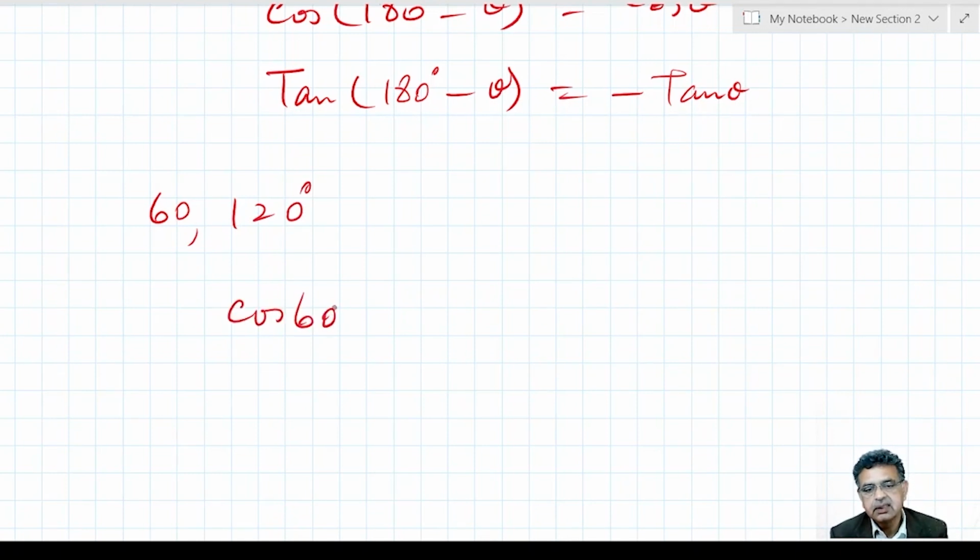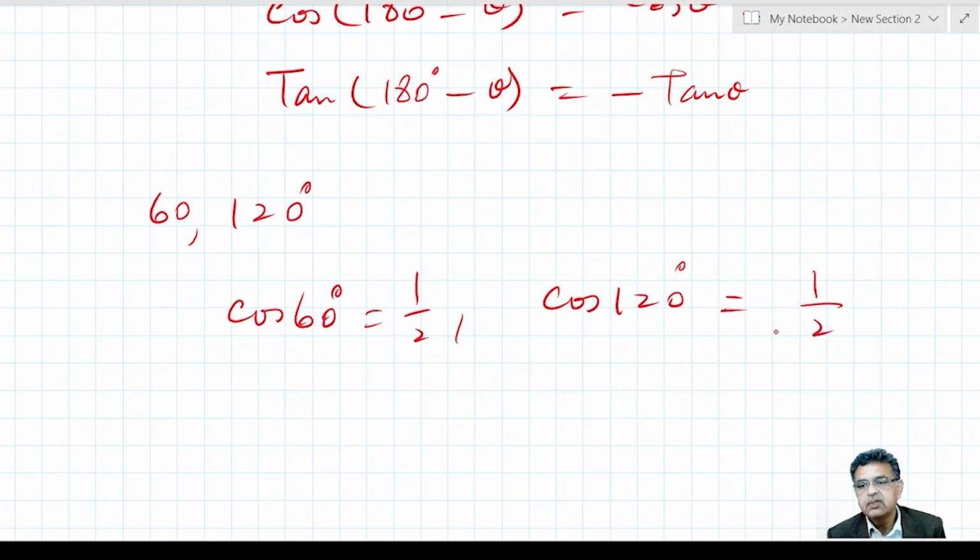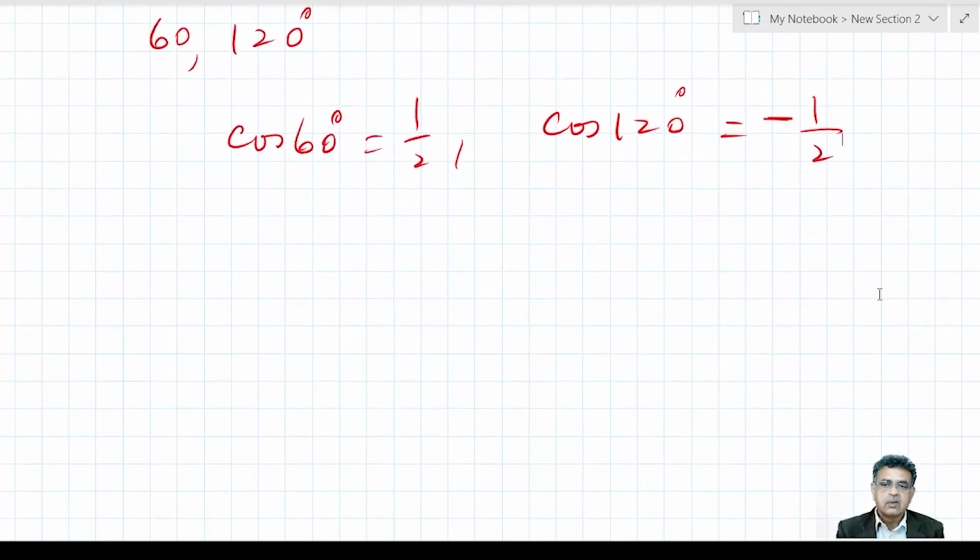So cos 60 degrees, its value is 1 upon 2. But if you use your calculator to find the value of cos 120 degrees, it will also be 1 upon 2, but the difference is that this will be negative. If cos 60 is positive, then 180 minus 60, that is 120, will be negative. Or any other angle you can consider.